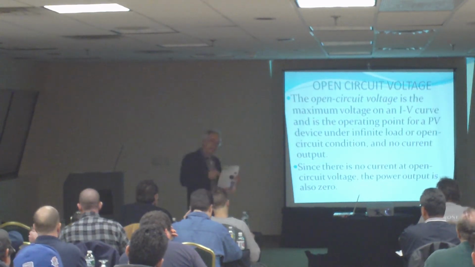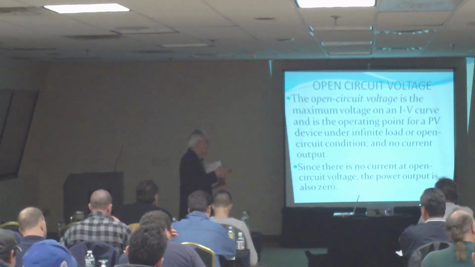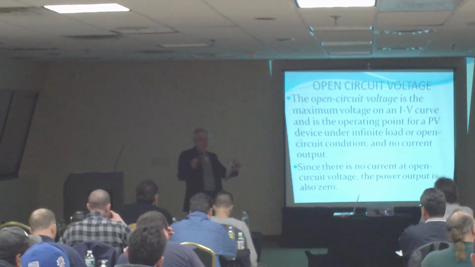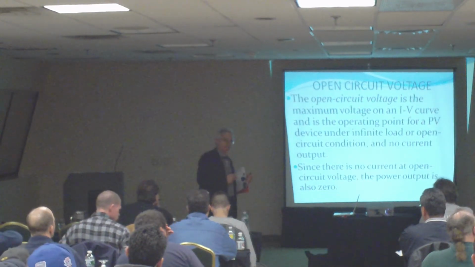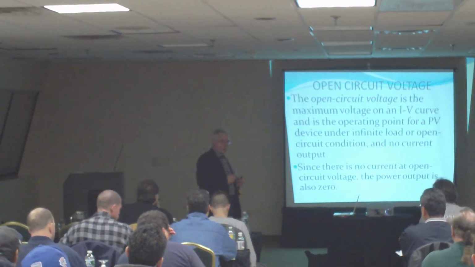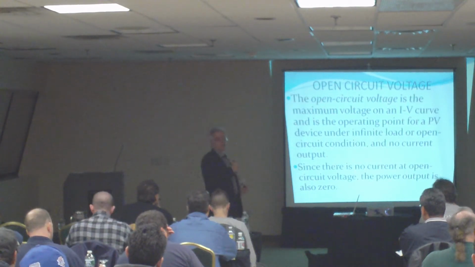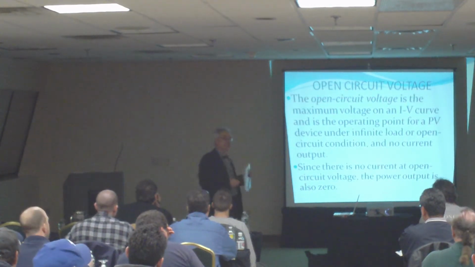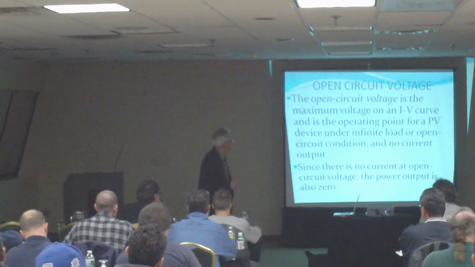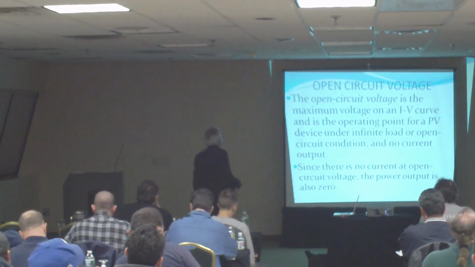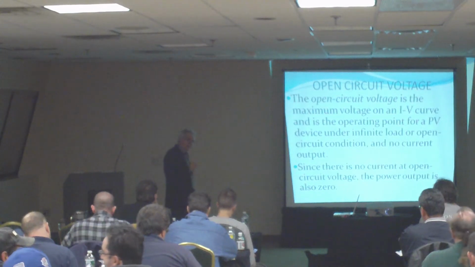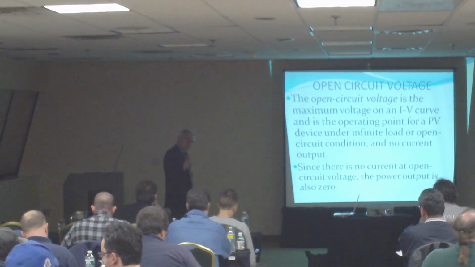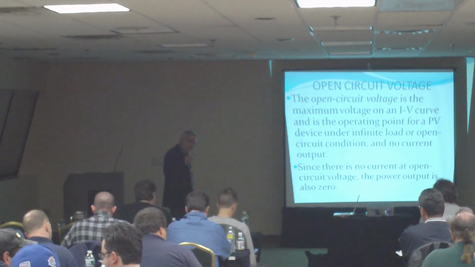Remember that. So if I take a panel and stick it in front of a laboratory and shine 1,000 watts per square meter, and measure the open circuit voltage for that particular panel, that would be the maximum voltage on the curve for the operating point. Not the maximum power point, but the maximum voltage that the system can operate at.